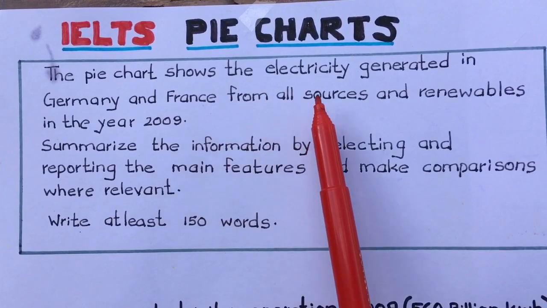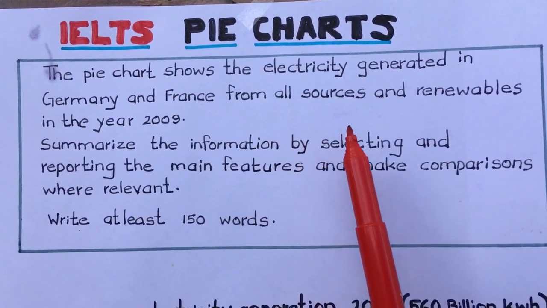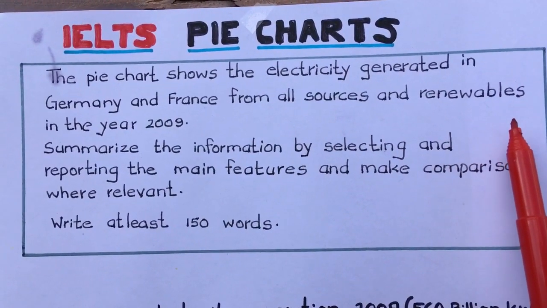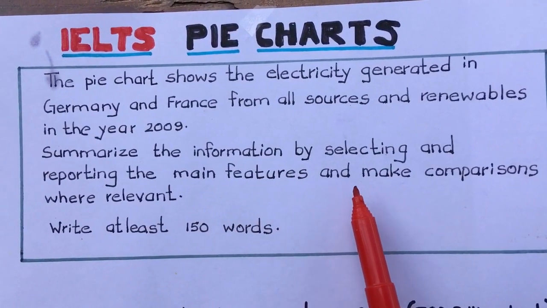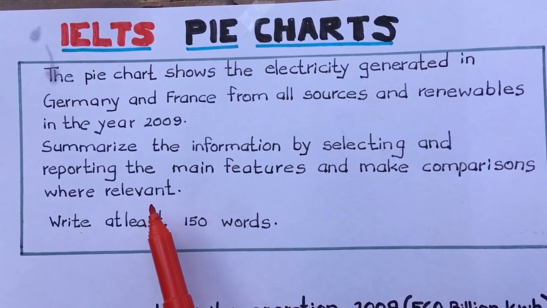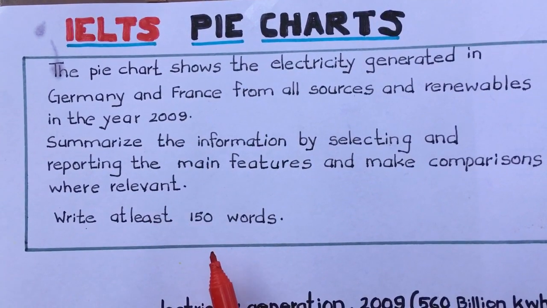The pie chart shows the electricity generated in Germany and France from all sources and renewables in the year 2009. Summarize the information by selecting and reporting the main features and make comparisons where relevant.